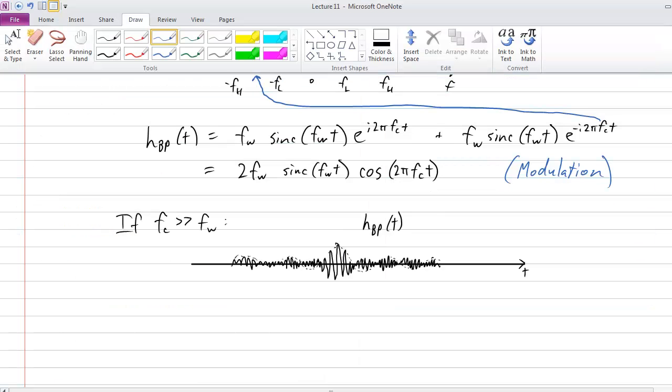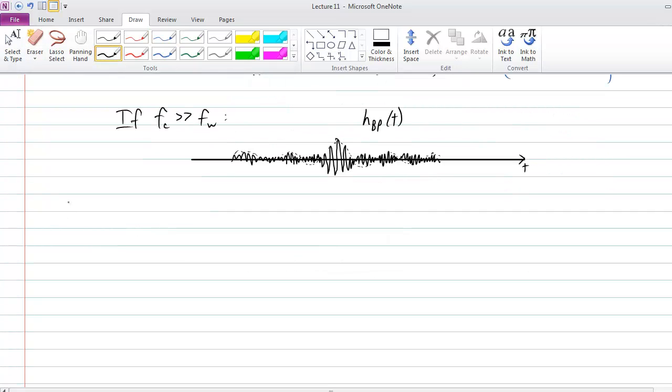So now let's talk about this. If we want to talk about how do we actually implement a filter, maybe I should say that first.